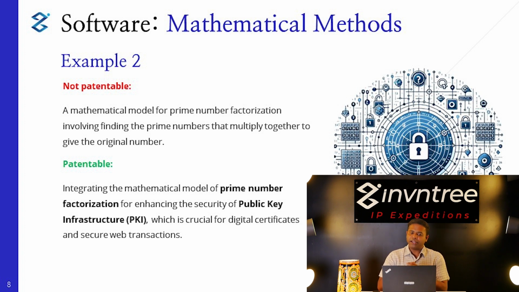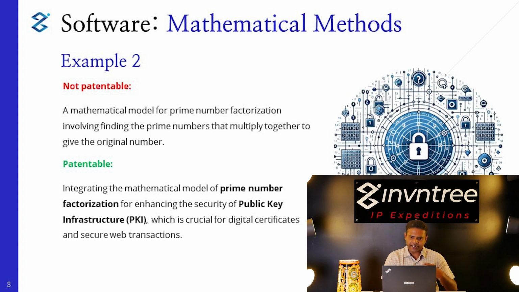But now let's say you integrate this mathematical model of prime number factorization into public key infrastructure, and then package your patent application as something that is crucial, let's say, in digital certificates and secure web transactions, so that this factorization is used in public key infrastructures, and you have implemented that into a specific field of technology, then all of a sudden it becomes patentable.